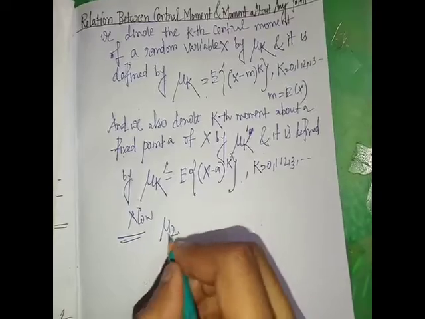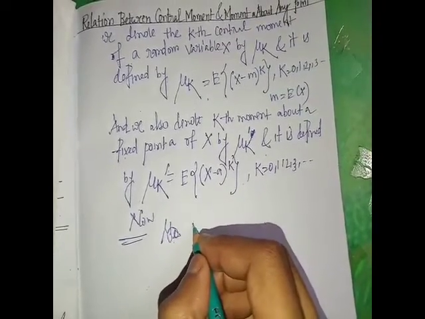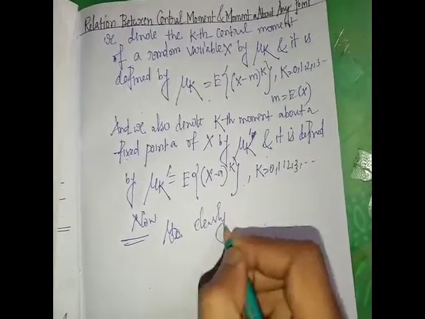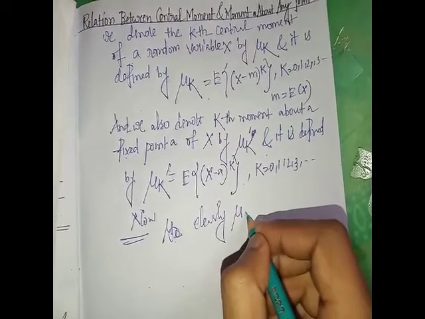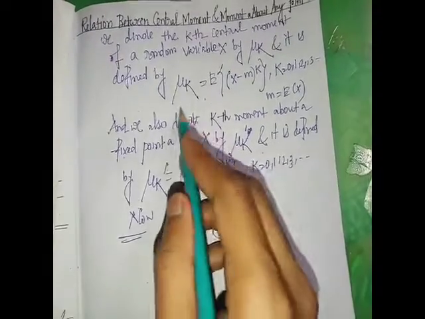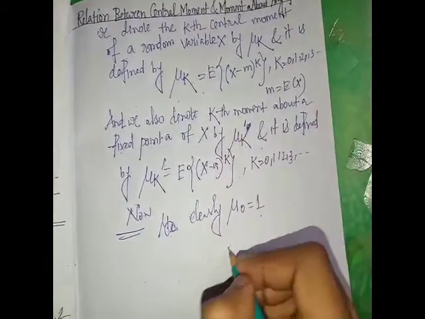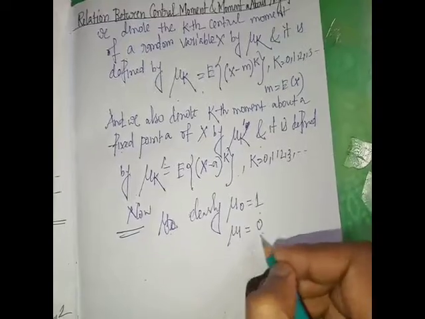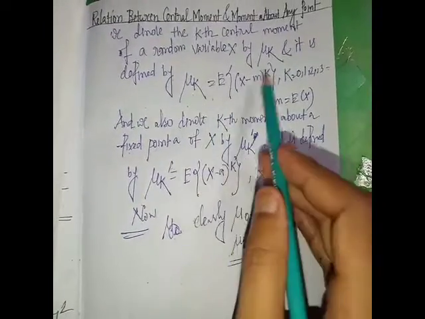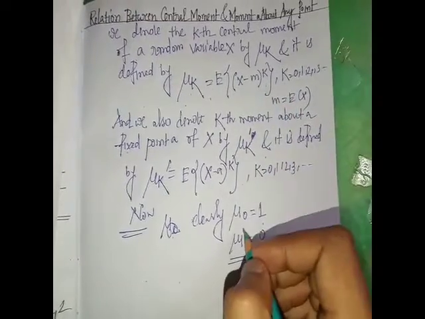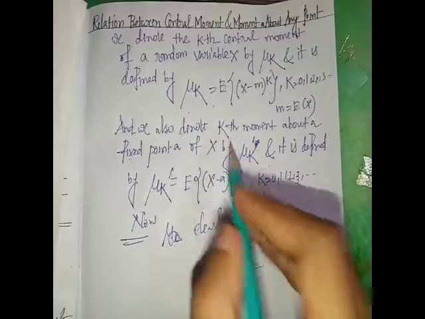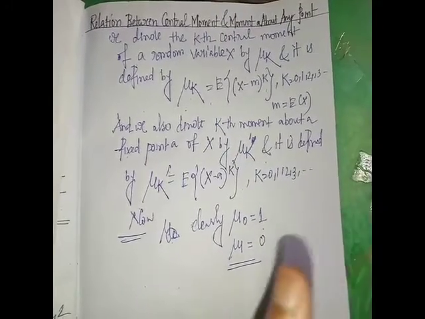We already discussed clearly that mu 0 equal to 1 and mu 1 equal to 0. If we put k equal to 0, we get mu 0 equal to 1, and if we put k equal to 1, we get mu 1 equal to 0.